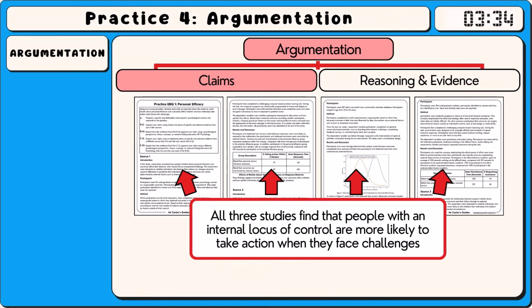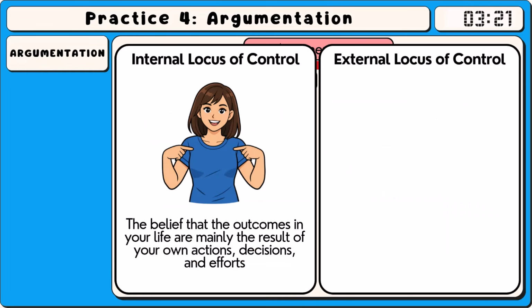For example, these 3 studies, which are from the first practice EBQ in my EBQ Mastery Playbook, all find that people with an internal locus of control are more likely to take action when they face challenges. As a quick reminder, an internal locus of control is the belief that the outcomes in your life are mainly the result of your own actions, decisions, and efforts.